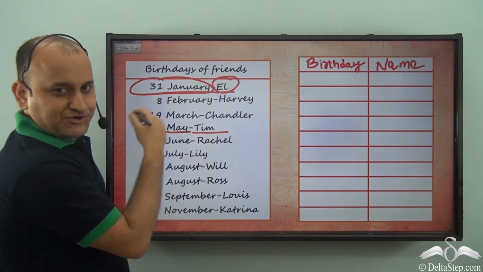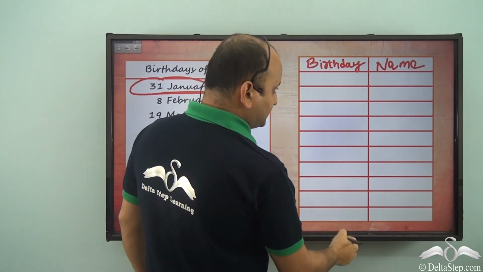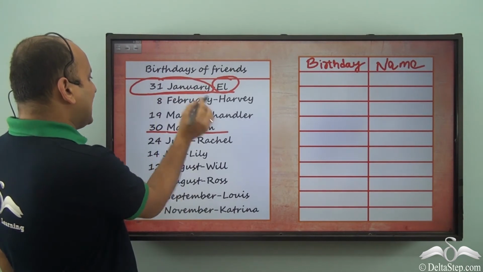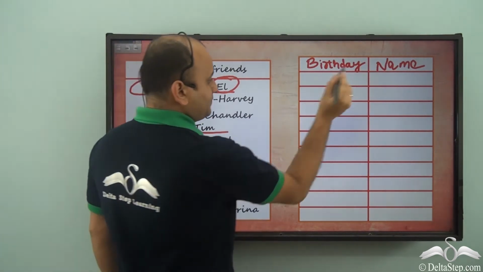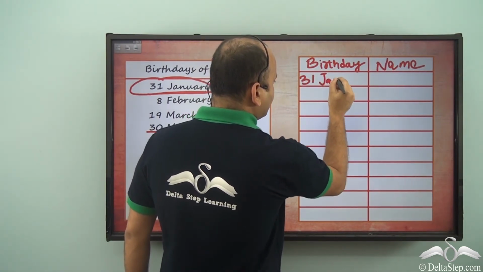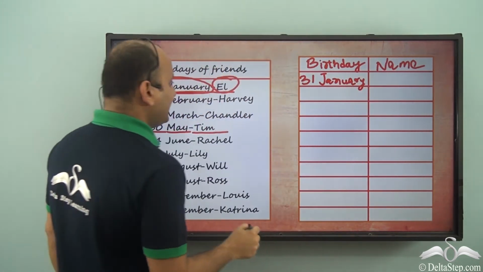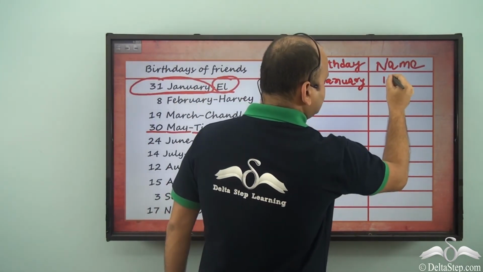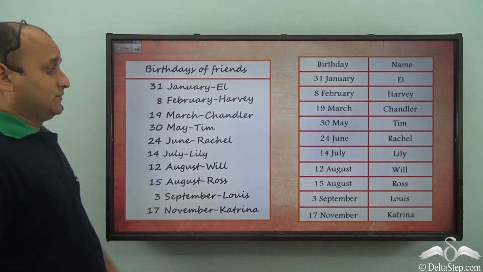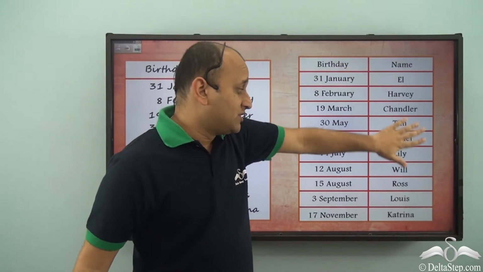Now you can start writing the birthdays and names one by one. So in this side you will write the birthdays, and on this side you will write the names. So what do you have? You have 31 January, and the name is L. Similarly, you can fill up this table. So you have birthday on one side and name on the other.